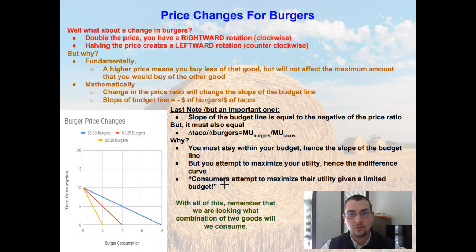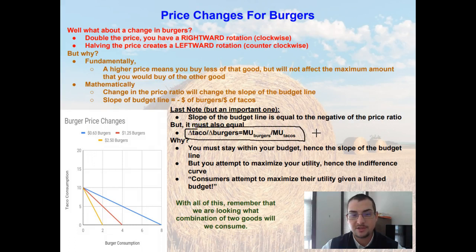Now I want to hit on one last but very important note that's going to tie everything together. So we talked about the indifference curves and how we are trying to maximize our amount of utility. And then we talk about our budget line, and we're saying that we can buy certain combinations of goods, but we have to stay inside of our budget line. And we say that the slope of the budget line is equal to the negative of the price ratio. So the slope of the budget line, believe it or not, actually has to also equal this particular little equation.